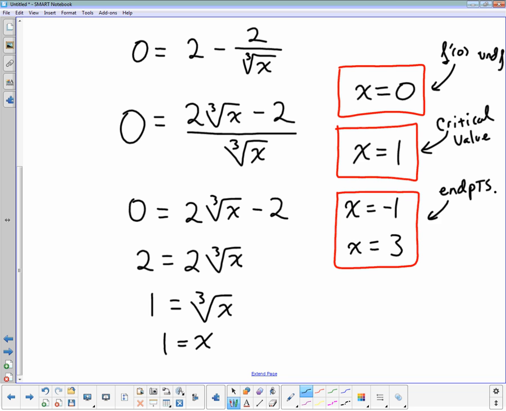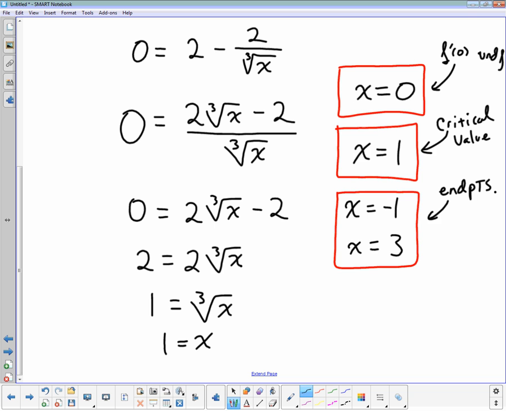So before we go anywhere, I want to check that critical value and find out its concavity. Because if you remember going back to that list I gave you in the previous slide, I believe it was step 4 said go back and plug in your values you got from step 2.